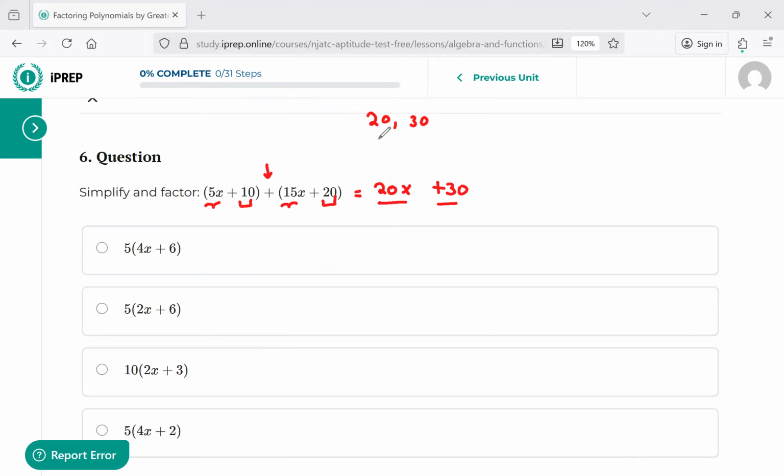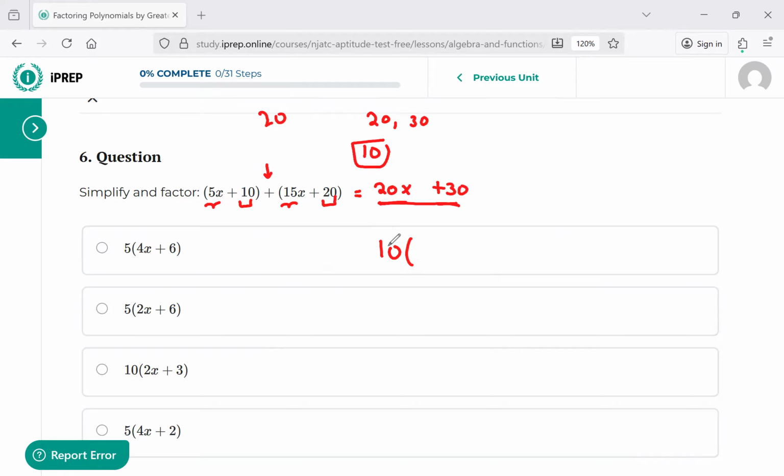Well, I know they're divisible by 10, but can we go any higher? What about 20? No, 30 divided by 20 is a decimal. So you could take out a 10. That's our GCF, greatest common factor.